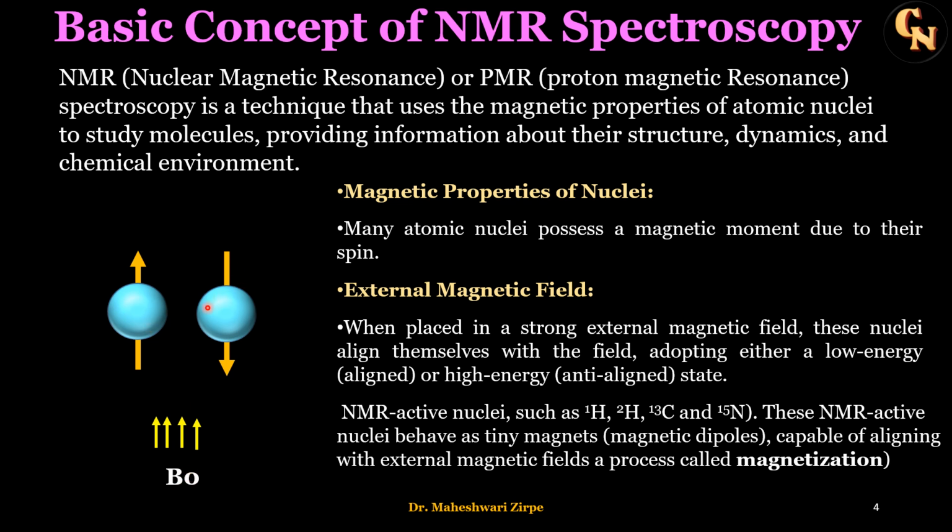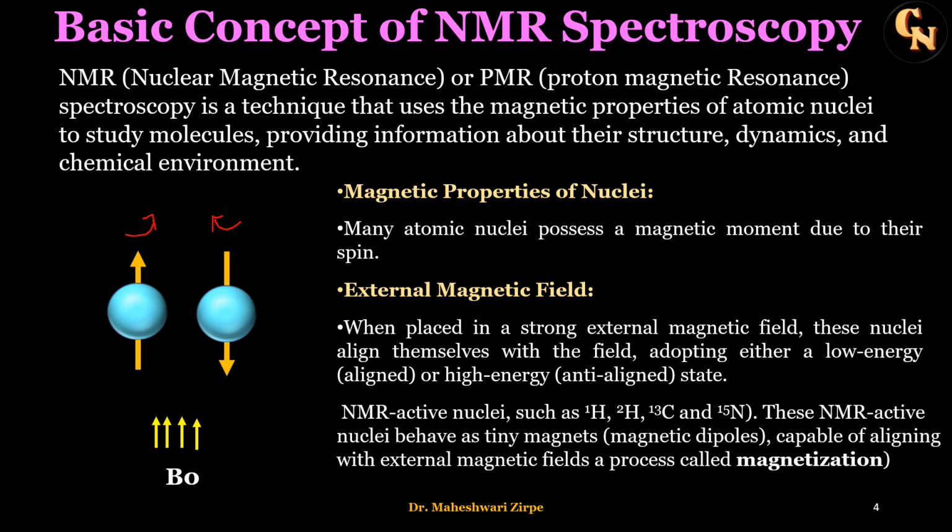These atoms have a nucleus, and the atomic nucleus possesses a magnetic moment due to its spin. One is going to spin in a clockwise direction and the other in an anti-clockwise direction.